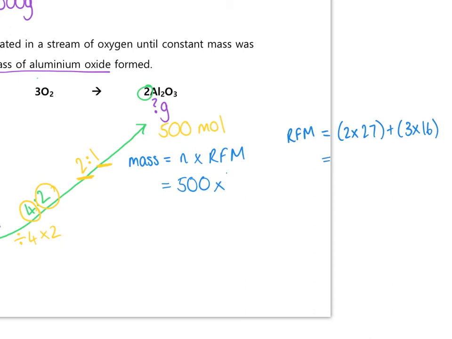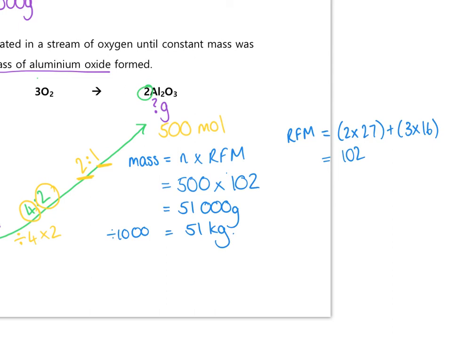That works out as 102. So 500 times 102 is 51,000 grams. And I can simplify that down by converting it to kilograms. I do that by dividing by 1,000, which is 51 kilograms.